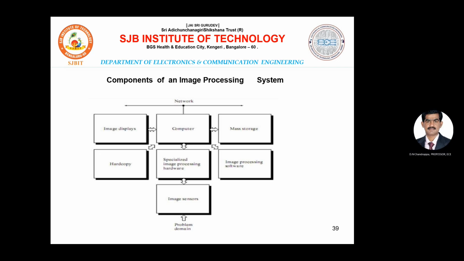First, I will start with image sensors. The problem domain is nothing but the input; image sensors sense the image. For example, a camera senses the image, so we can capture the image.